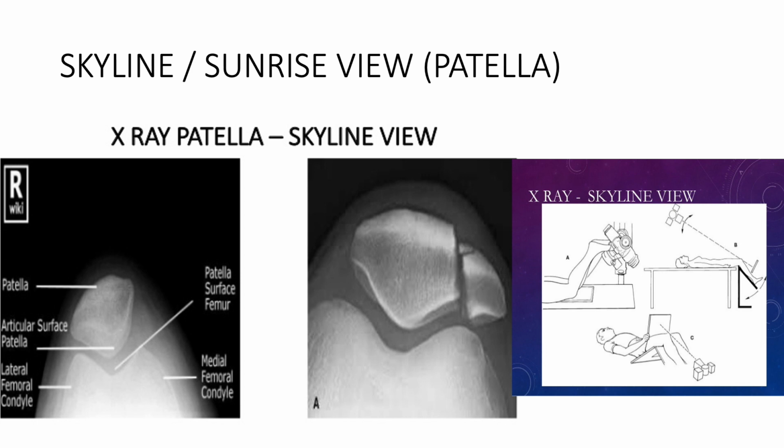So that's how it came to be called a sunrise view or a skyline, because imagine those two mounds of the tibial malleoli as the high-rise buildings. Well, that's how they probably view that. And how to position the skyline view or the sunrise view in X-rays is seen on the rightmost picture.